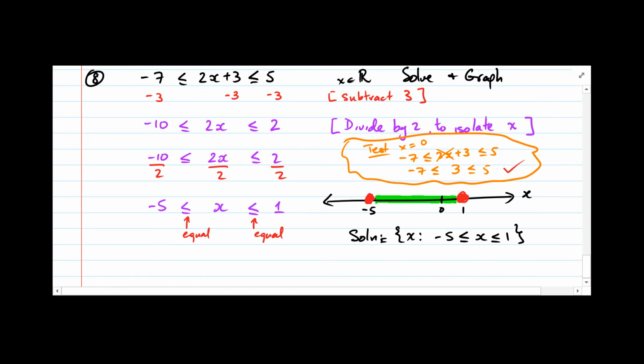So I know that I have shaded the correct region based on this idea of taking a test value in the interval that you have solved for and checking the solution. Let's do a few more with these combined inequalities and see what we end up with.